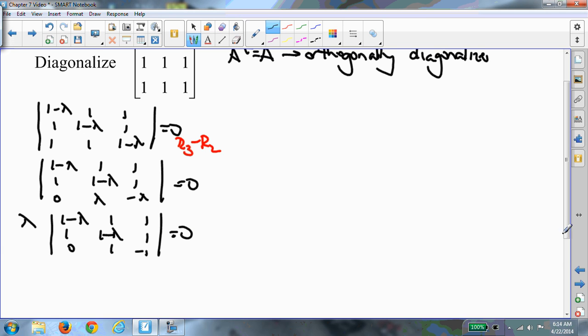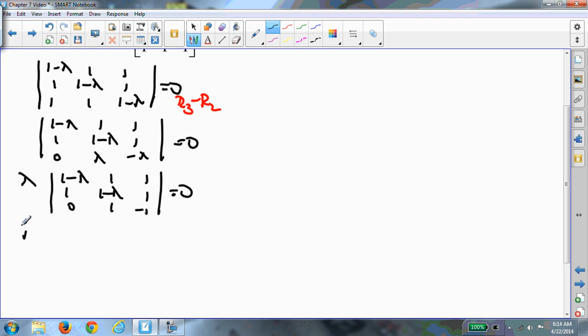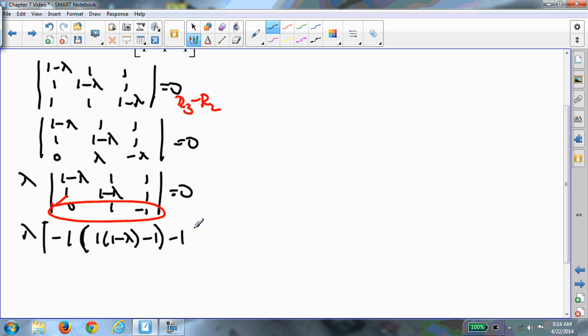And now if I expand along row 3, I'll have lambda. I'm going to expand along this row here. The signs are plus, minus, plus. So this will be negative 1 times the corresponding determinant, which is 1 times 1 minus lambda minus 1. And then minus 1 times the corresponding determinant, 1 minus lambda squared minus 1.